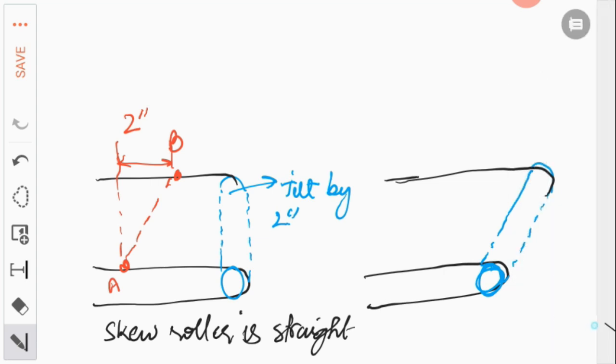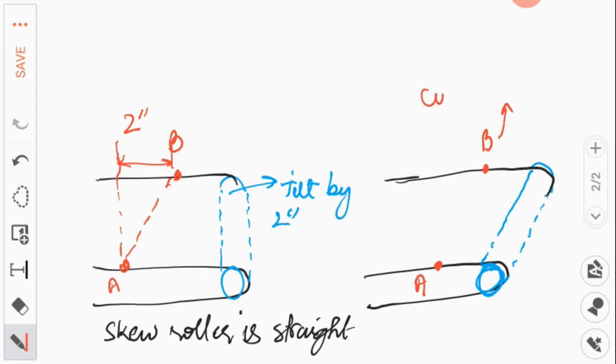And once again, due to this tilt of the skew roller, point B covers a calculated extra distance compared to point A. Right.